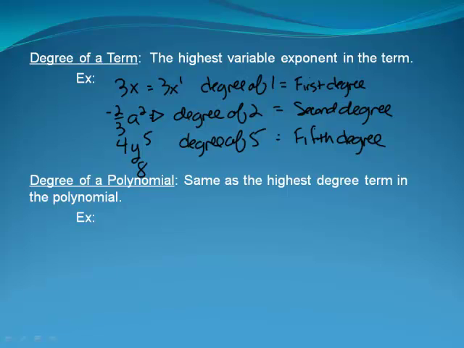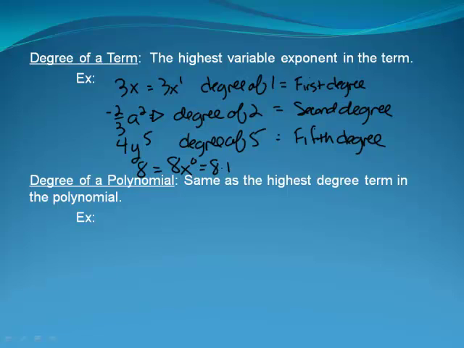And if you have simply a constant, any constant can be written as that constant times x to the 0. Now, if you think back to earlier sections, anything to the 0 is 1. So what I've actually written there when I write 8x to the 0 is really that's the same as 8 times 1, and you agree with me that that's 8.